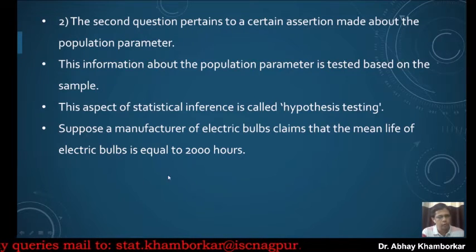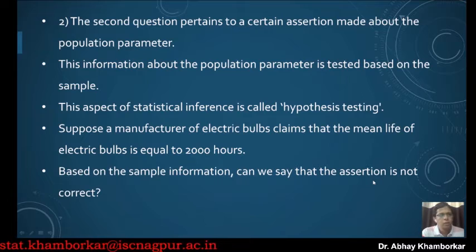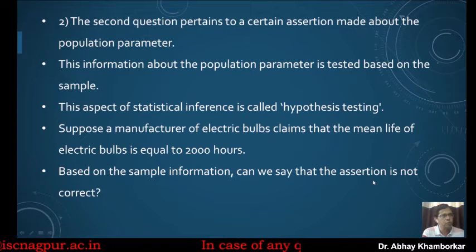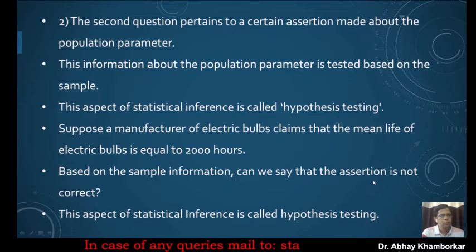That means either we are going to accept this information or we are going to reject it on the basis of a random sample. So based on the sample information, can we say whether the assertion is correct or not, true or false? This is what we have to answer now. So can we do that? Yes, we can check that information on the basis of a random sample.